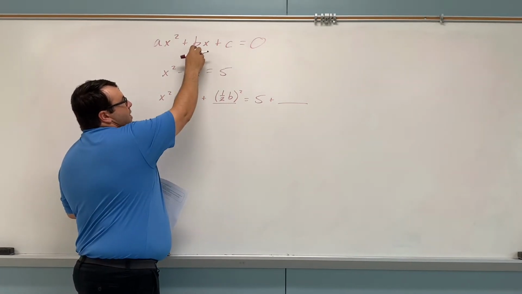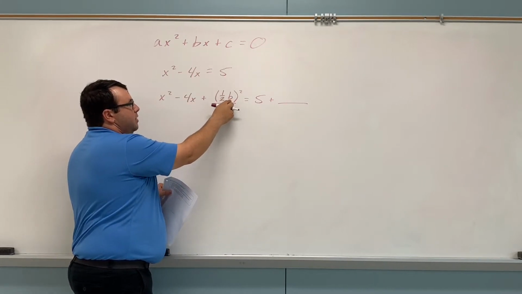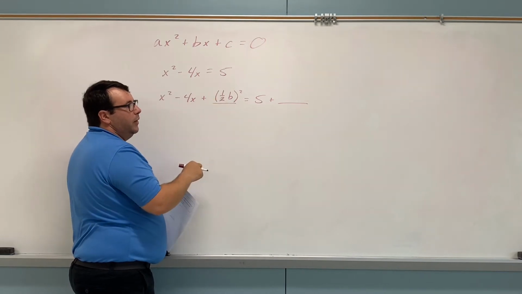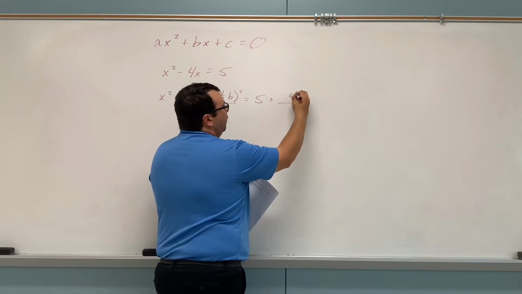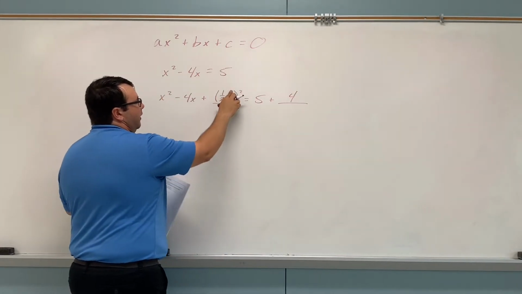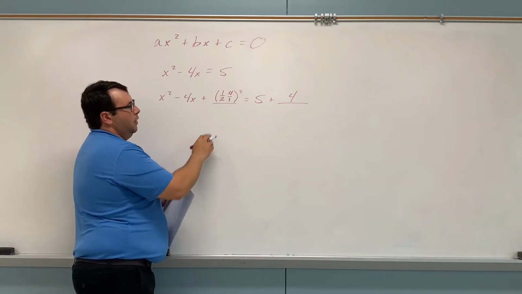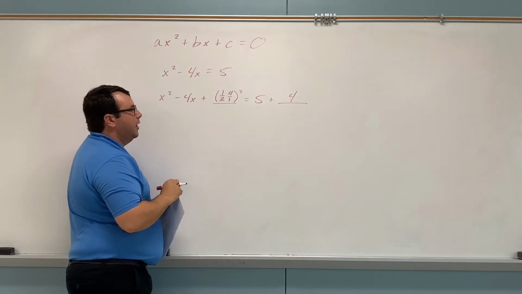I mean b from up here. So I have 1/2 of b, my b in this case is 4, and I'm going to square it. So 1/2 of 4 is 2, squared is 4, so I'm adding 4 to both sides of this problem. Just showing 1/2 of 4 is technically 4 over 1, same idea.